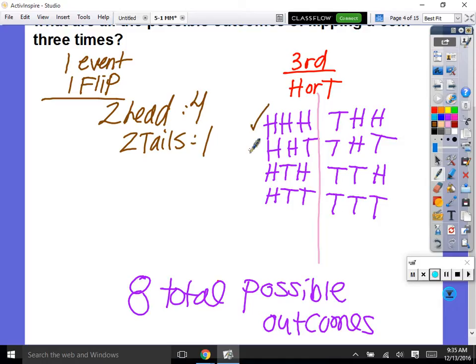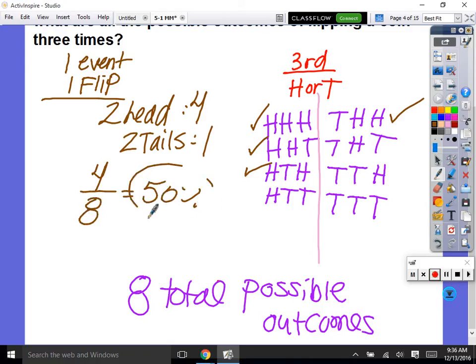How about right here? Yep. And right here? Yep. At least 2 heads. Oh, right there. And then that's it. So 1, 2, 3, 4 out of 8 chance, correct? So that's a 50% chance that you were to get at least 2 heads. Does everybody see it? So it's making sense because a lot of you did get that.